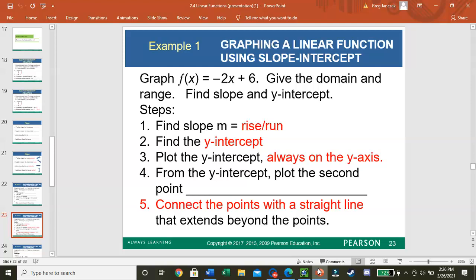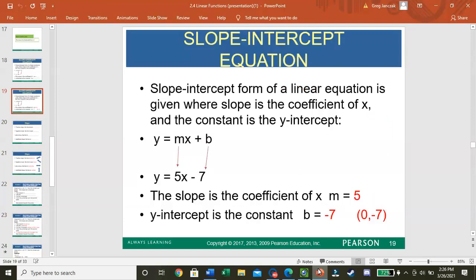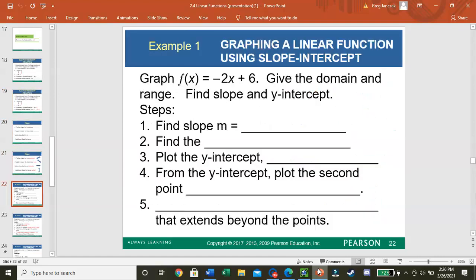All our equations are in slope-intercept form, so you don't have to worry about putting them in that form. Then you're going to find the y-intercept. We already did that, right? The coefficient of x is the slope, and the constant is the y-intercept.